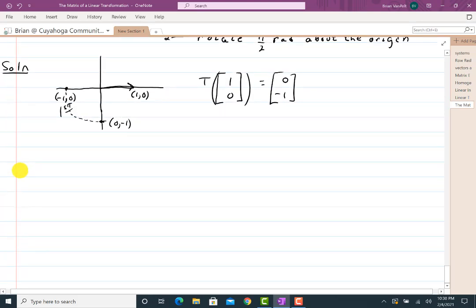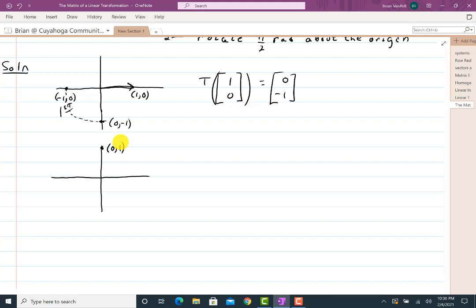Now let's take a look at what happens to 0, 1. So we're starting here. First step is to reflect about the y-axis. Well, if you reflect about the y-axis, that point stays where it's at. So nothing happens during the first part. It's only during the second part that we're going to rotate pi over 2, and that's going to end up at -1, 0. So the second one is the only one that had an effect.